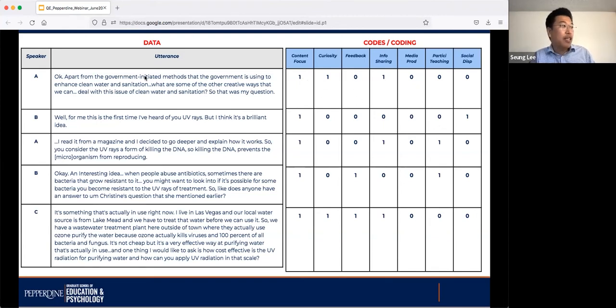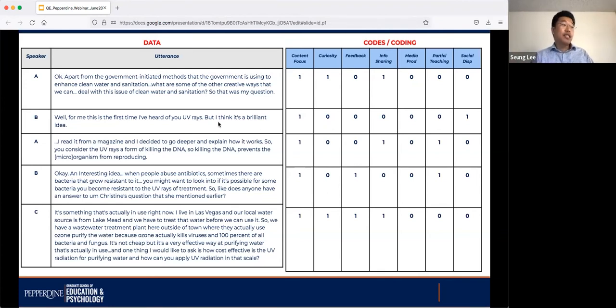So for example, in this particular utterance, we're saying that this person talked about STEM content and they expressed some sort of curiosity. They weren't really providing feedback, right? They were sharing information and they didn't talk about media, or they weren't teaching other students, and they didn't have any type of social disposition being displayed.